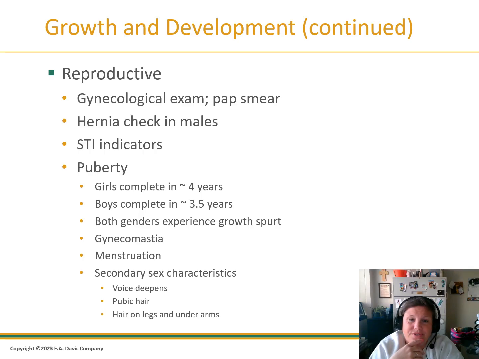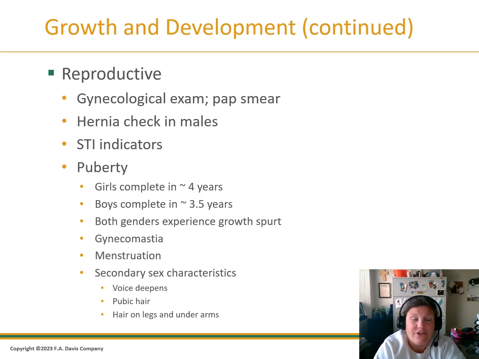So with reproductive, things to note are, when they become sexually active, and even before sexual activity, the recommendation is that they have a gynecological exam and a pap smear, because we want to make sure that they're not having any indications of anything that would be concerning to their health, especially cervical cancer. Cervical cancer is what they consider one of the silent cancers. So a lot of times in its early presentation, it's not causing any symptoms. And so the only way you'd know whether or not you had it is a pap smear. So we want them checked.